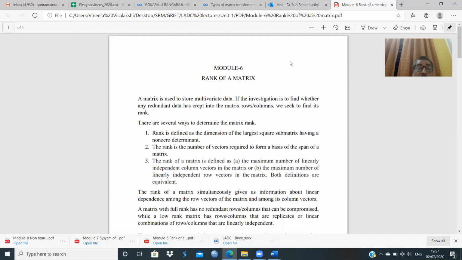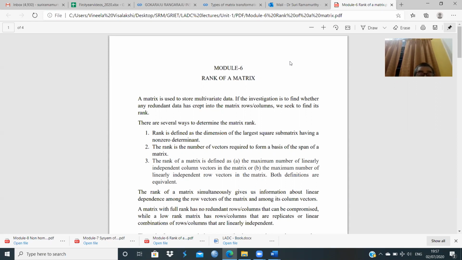So we would like to focus on the principles of finding out the rank of a matrix and also a very brief reference to rank 1 matrices. The rank of a matrix simultaneously gives us information about linear dependence among the row vectors of the matrix and among the column vectors.